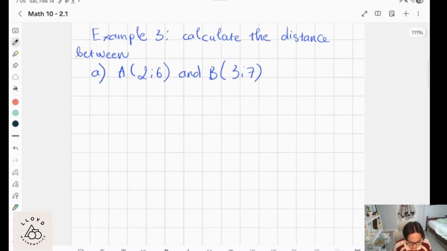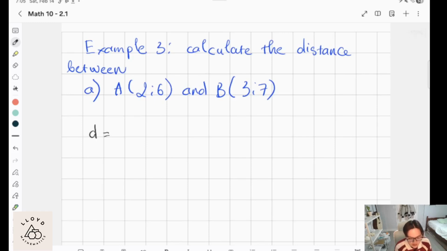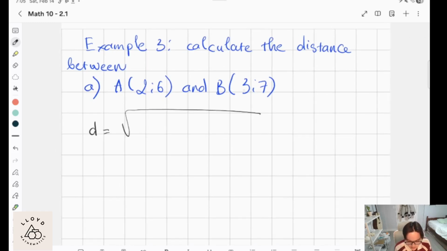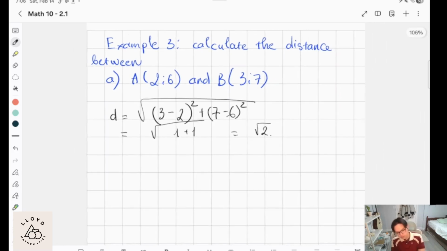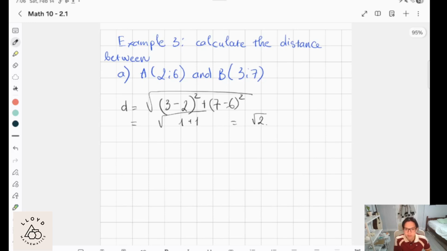So we get D equals the square root of, this is the x of B, so 3 minus 2 squared plus 7 minus 6 squared, equal to the square root of 1 plus 1, which is the square root of 2.